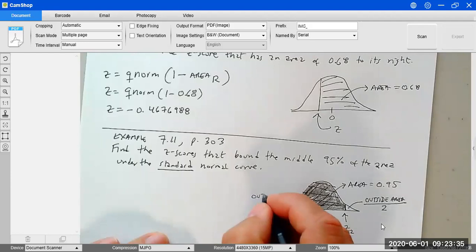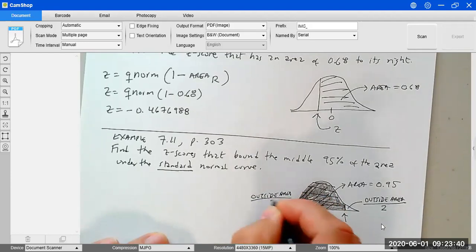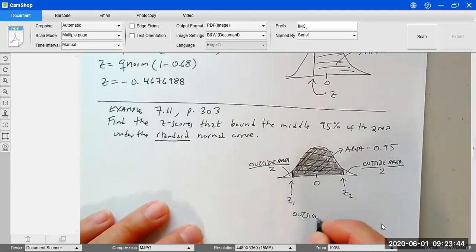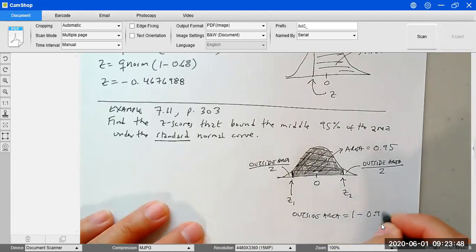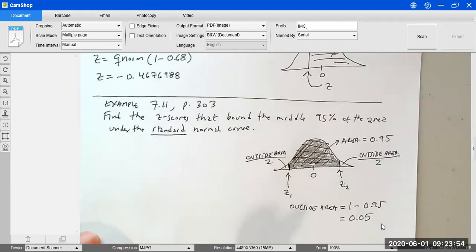So what is the outside area? The outside area is just 1 minus 0.95. So the outside area is 0.05.